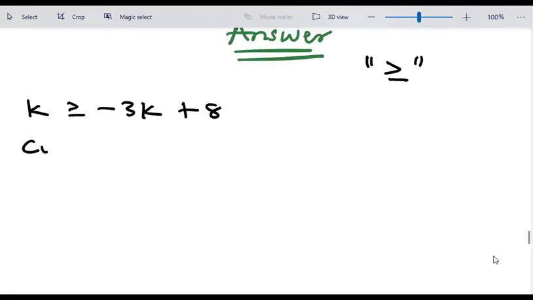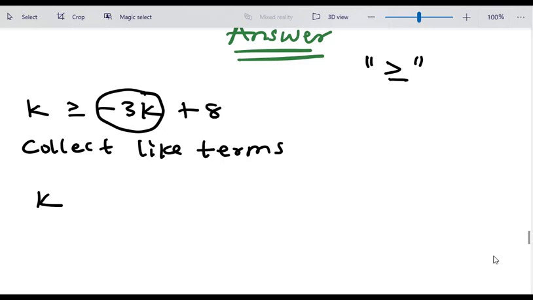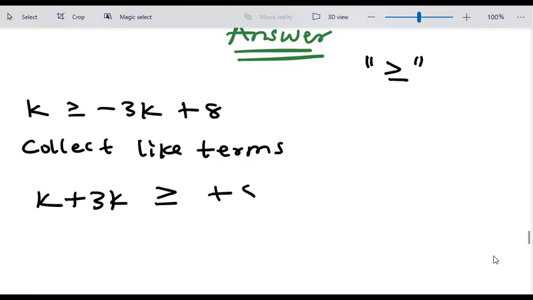Now, as expected, we'll collect like terms. We'll have our k. We also have minus 3k. This minus 3k must meet k. It does that by crossing this inequality sign to become plus 3k, then greater than or equal to plus 8.